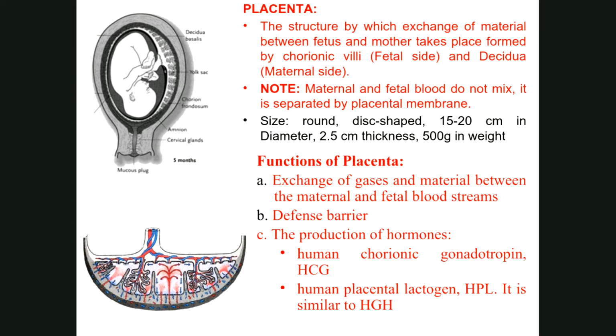From the mother's side there is the decidua, which is the glands and blood vessels of the uterus. Decidua is the maternal side of the placenta, and the finger-like villi that are formed are known as chorionic villi. So the chorionic villi are the fetal side of the placenta.